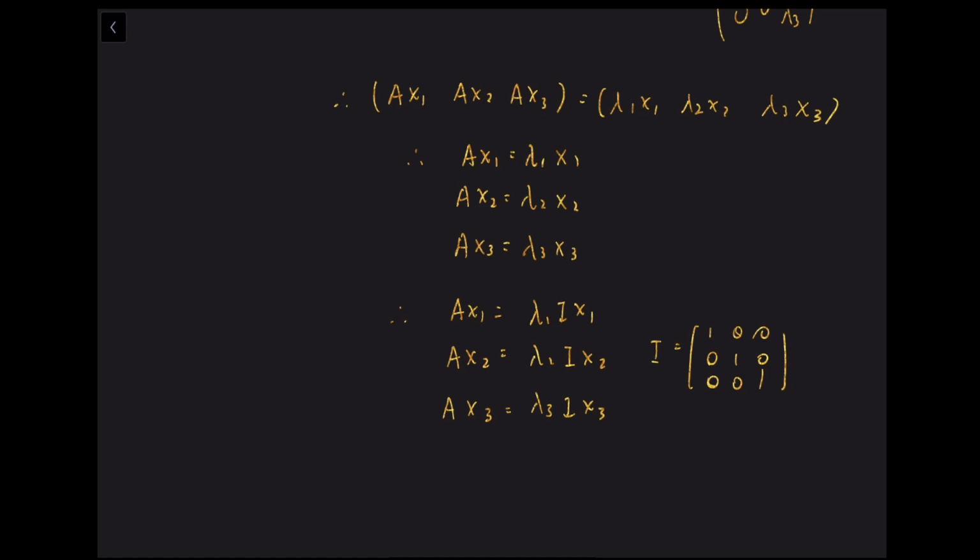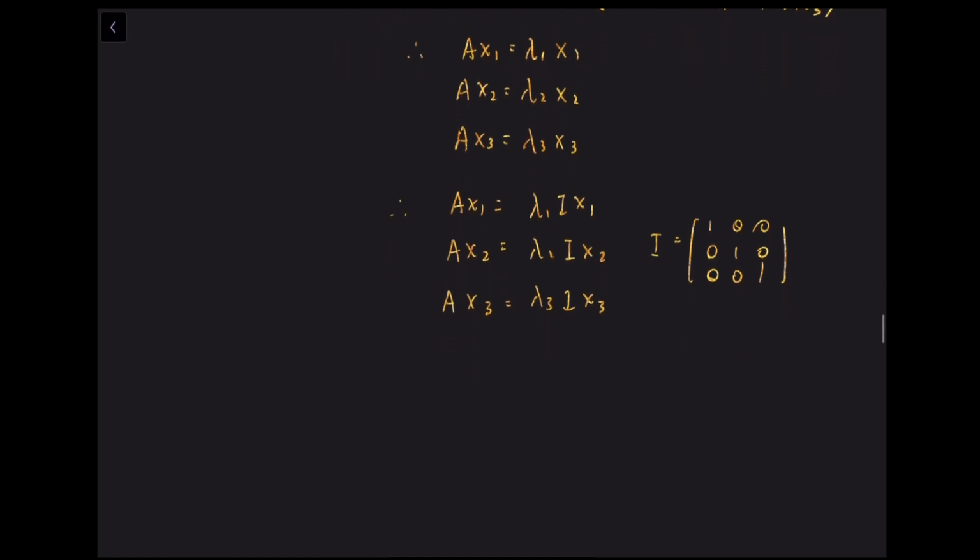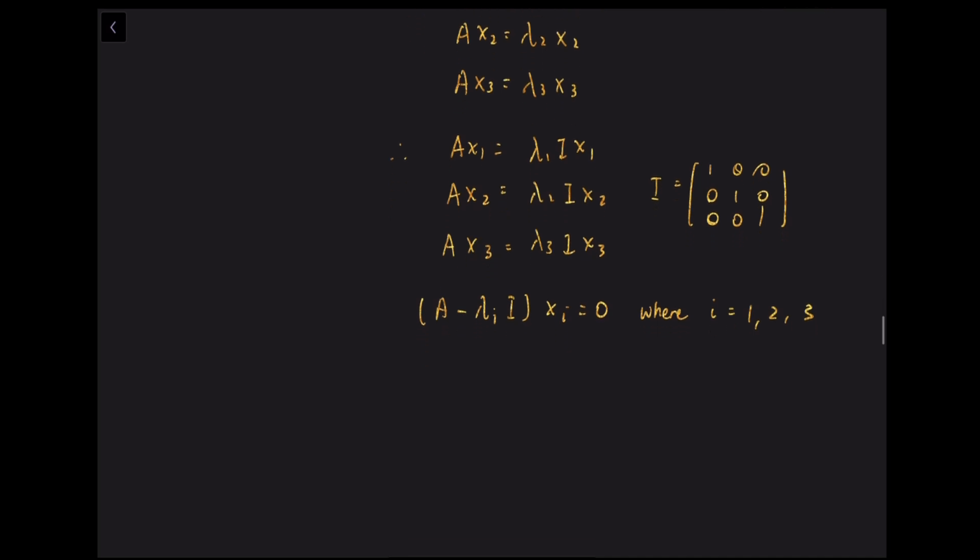which in turn are equivalent to A minus lambda i I times xi equals 0, where xi is not 0 and i is 1, 2, and 3. The generic form of this equation is given by A minus lambda times I times x equals 0.